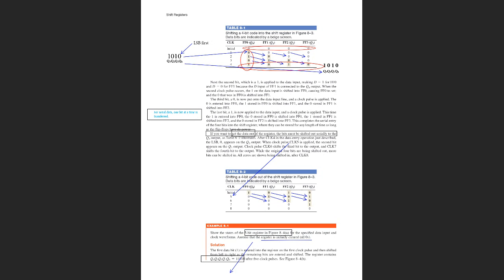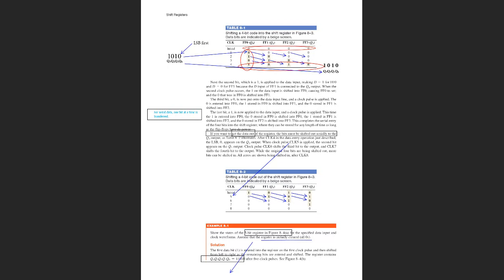So we enter first 0 to flip-flop 0. The rest is 0. Then we enter next 1, and FF0 becomes 1, while the 0 from flip-flop 0 is now shifted to flip-flop 1. The remaining flip-flops are still zeros.